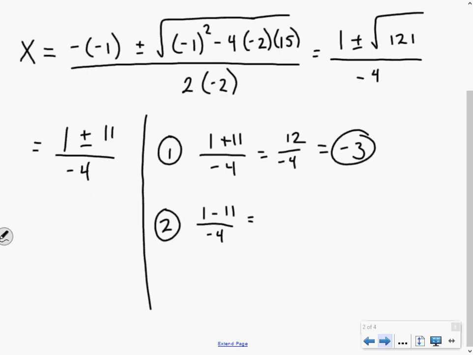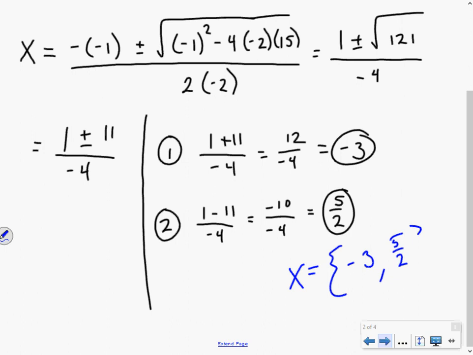For the second, we have a -10 over -4, which reduces to positive 5/2. So we have two solutions. We're going to write it as a solution set. X equals -3 and 5/2. So those are the two x values that make that equation that we started with true.